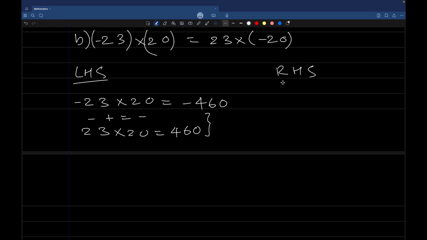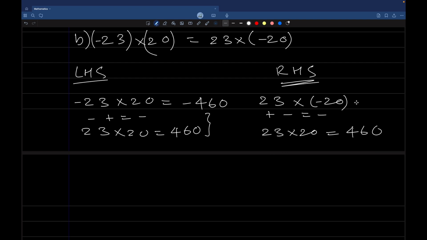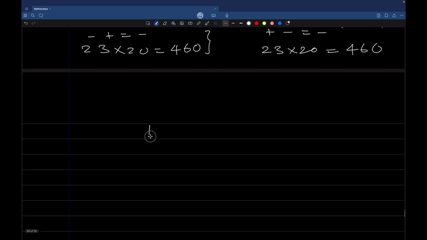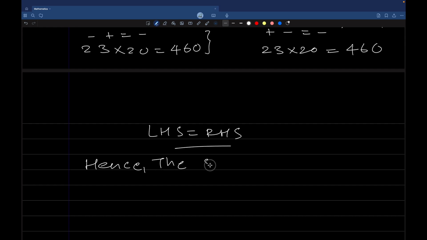Let's check for RHS. We have 23 into minus 20, plus into minus is minus. 23 into 20 is 460. So we have answer as minus 460. We have LHS equals RHS. Hence the statement is true.